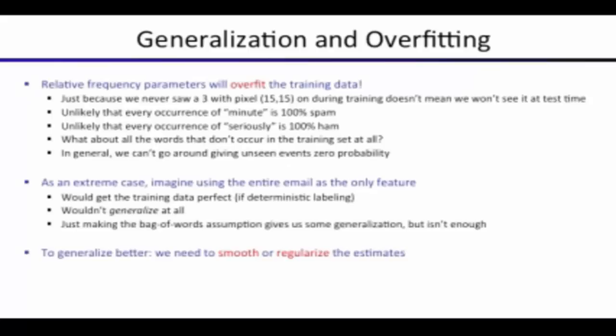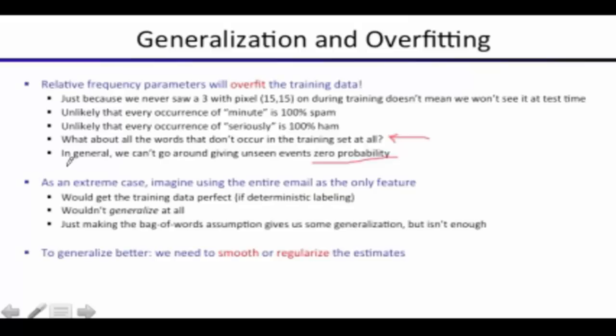These relative frequencies, these probabilities where we estimate the number of times it occurs in the training data, will always overfit, right? And so we've seen that. So we want some way of dealing with words we've never seen before, or just random stuff that could happen. And we basically never want to assign 0 probability to anything ever. If you take one thing from probability, don't assign probability 0. It's infinitely bad.